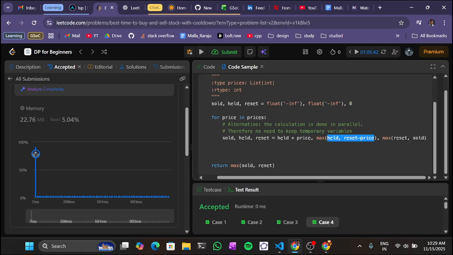And held, if we find a bigger value, I mean smaller value, then it will be updated to reset minus price, or else held will stay as it is. Maximum also will come a reset on.